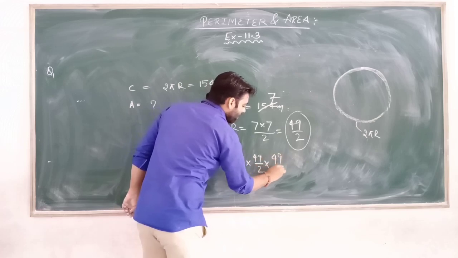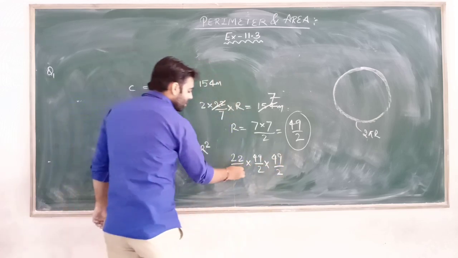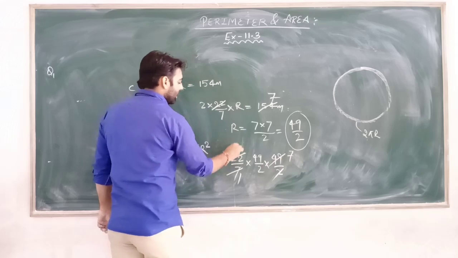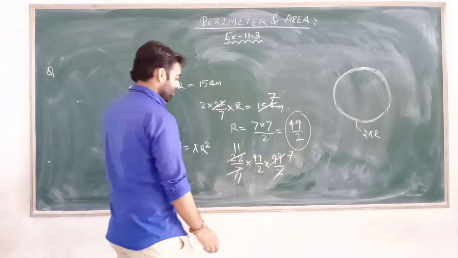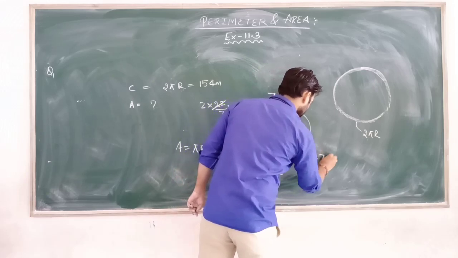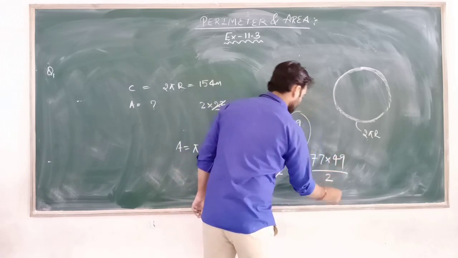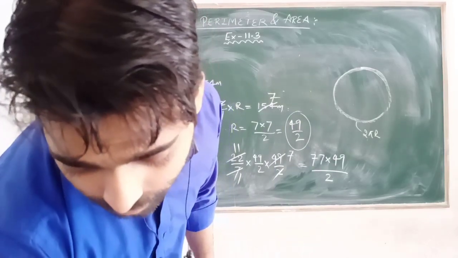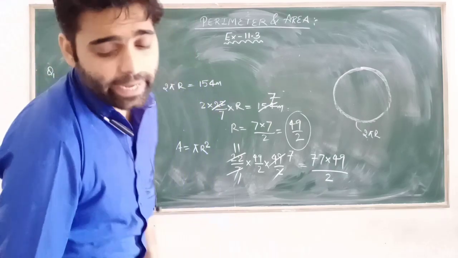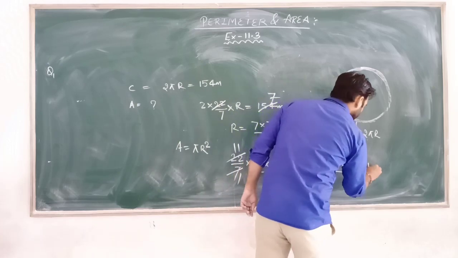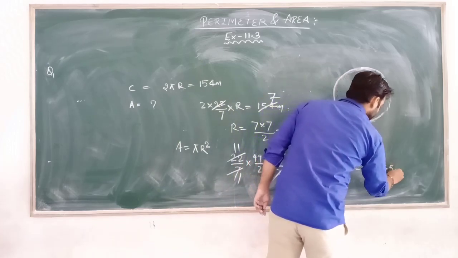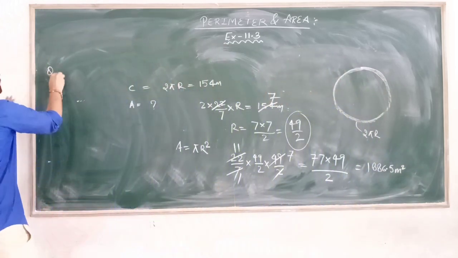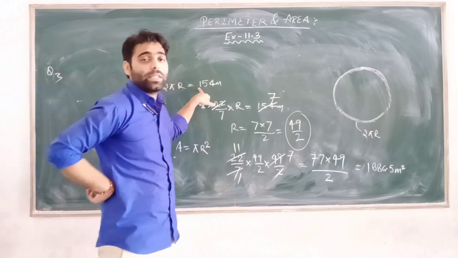You will cancel in 7 times, 11 times, and when we calculate it, its value will be equal to 1886.5 meter square.